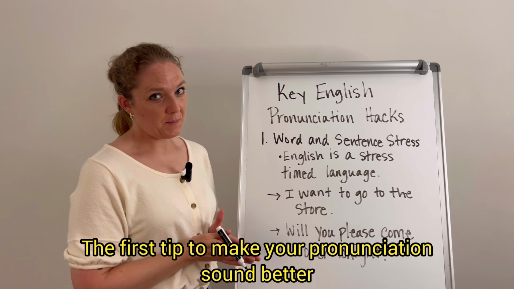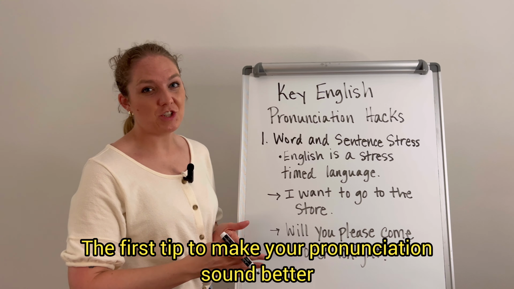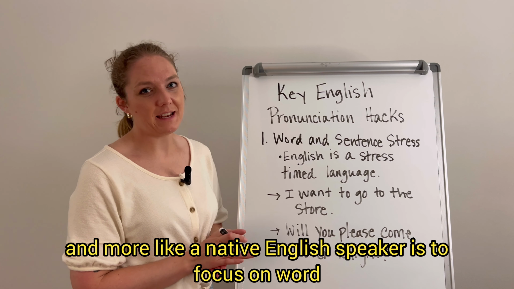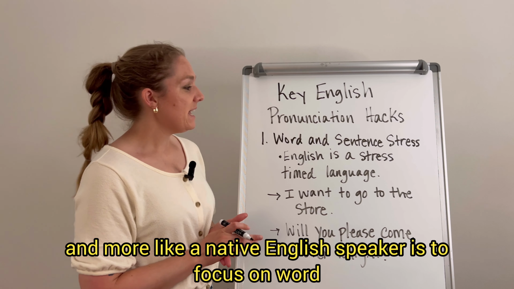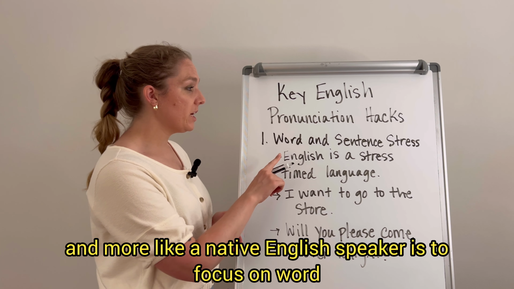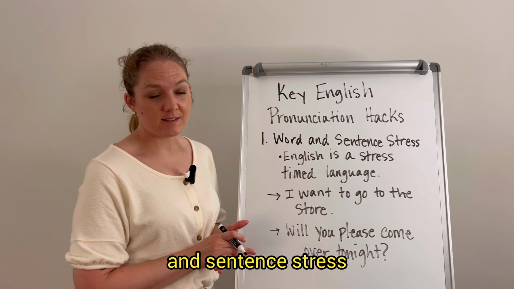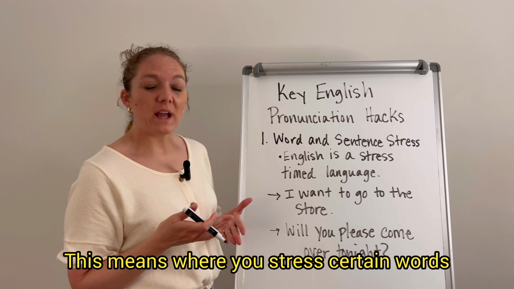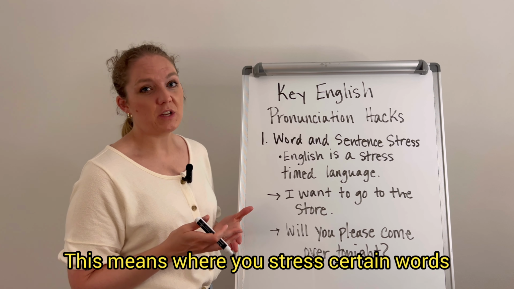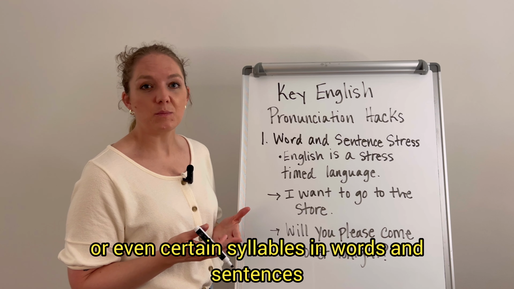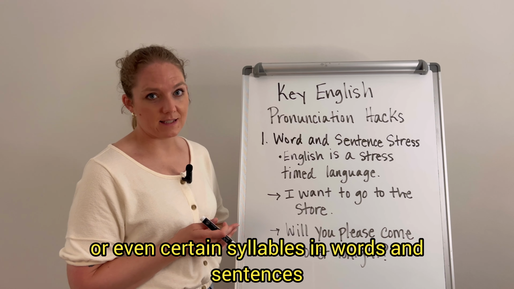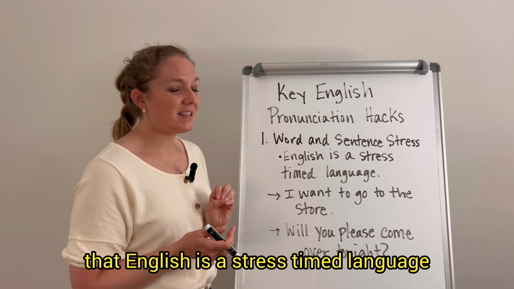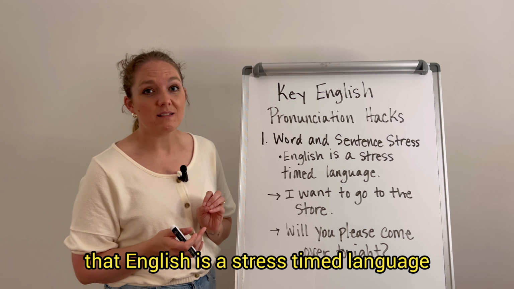The first tip to make your pronunciation sound better and more confident and more like a native English speaker is to focus on word and sentence stress. This means where you stress certain words or even certain syllables in words and sentences. And so it's important to know that English is a stress-timed language.